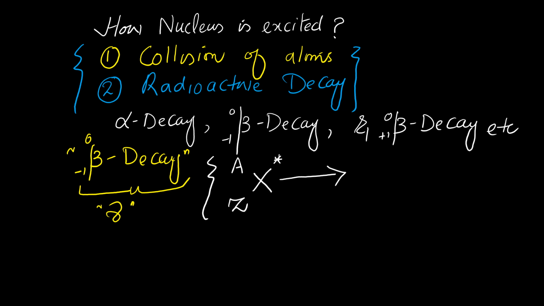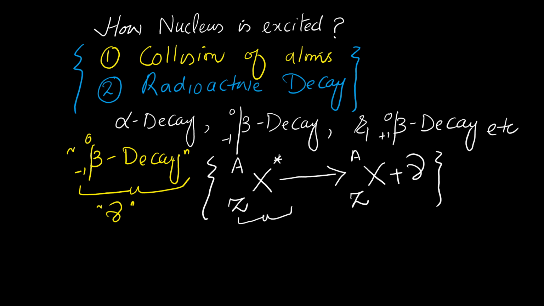In order to have a gamma decay we need to de-excite this element, so the nuclei will be de-excited by jumping from the excited state to its ground state, and in this way, by jumping from the excited state to the ground state, they will release gamma particles.